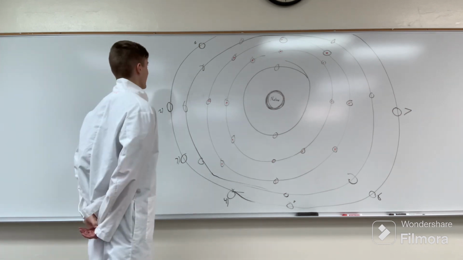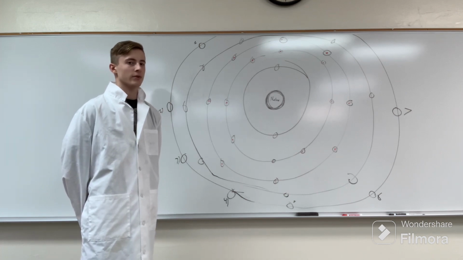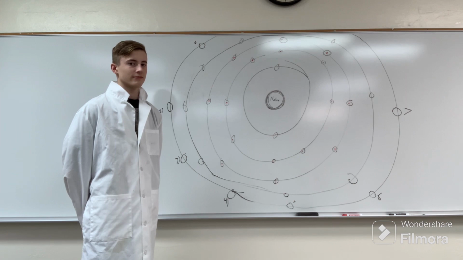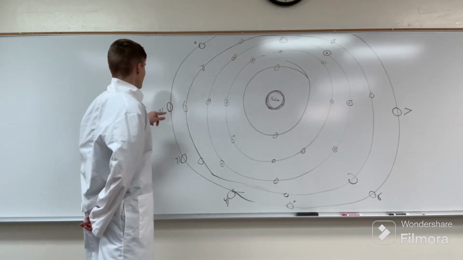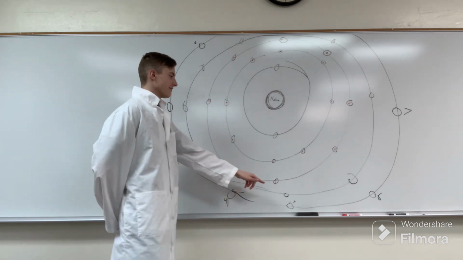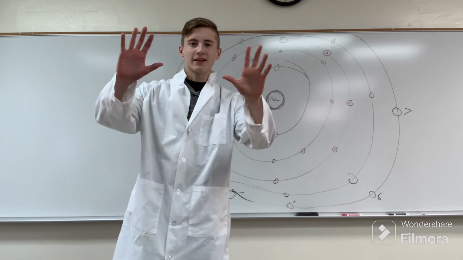The top accidentally got cut off because it ran out of room on the whiteboard, but only count the ones you see. That's right. 1, 2, 3, 4, 5, 6, 7. 7 valence electrons.